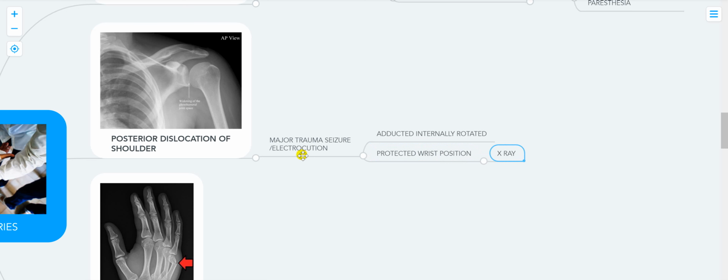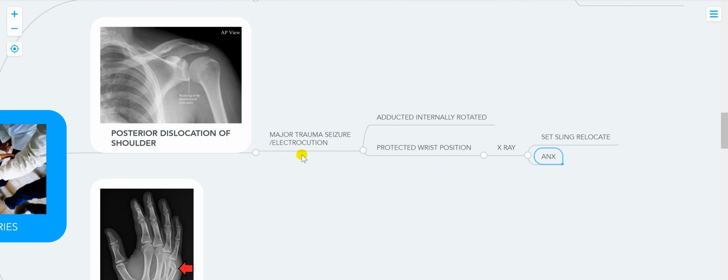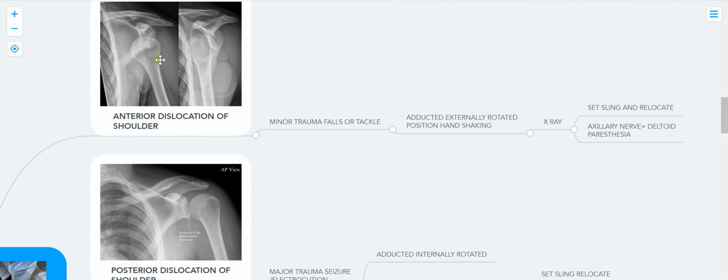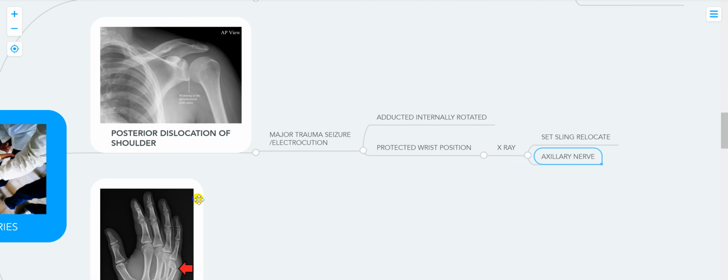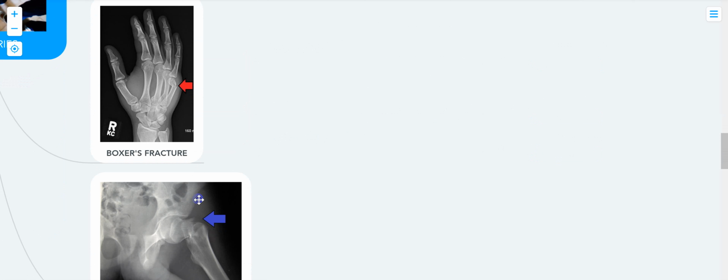X-ray. How do you manage it? Set, sling, relocate, and you also worry about the axillary nerve, deltoid paresthesia. So this is the anterior dislocation of the shoulder, hand shaking, and this is posterior dislocation, which is protected wrist position.